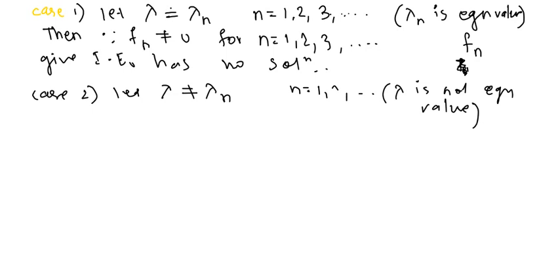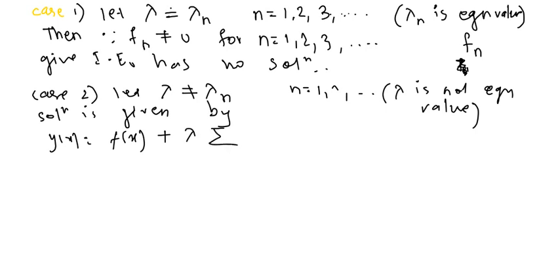So in this case the solution is given by y of x equal to f of x plus lambda times summation m going from 1 to infinity fm divided by lambda m minus lambda into xi m of x.